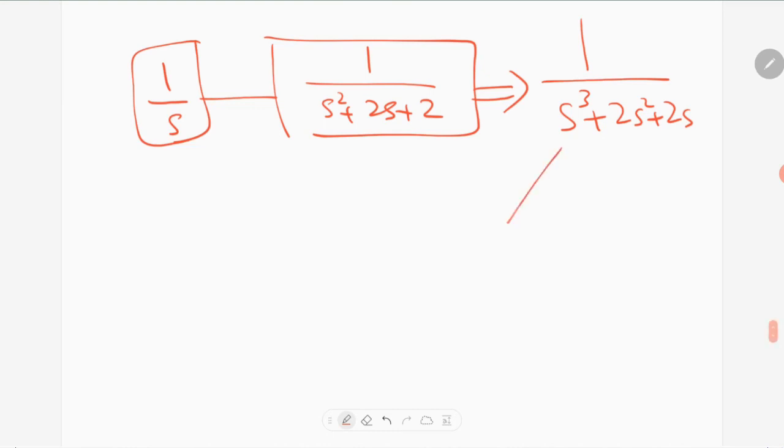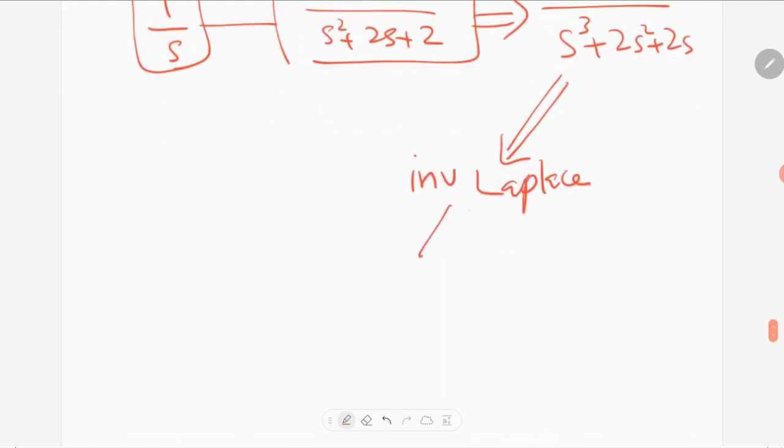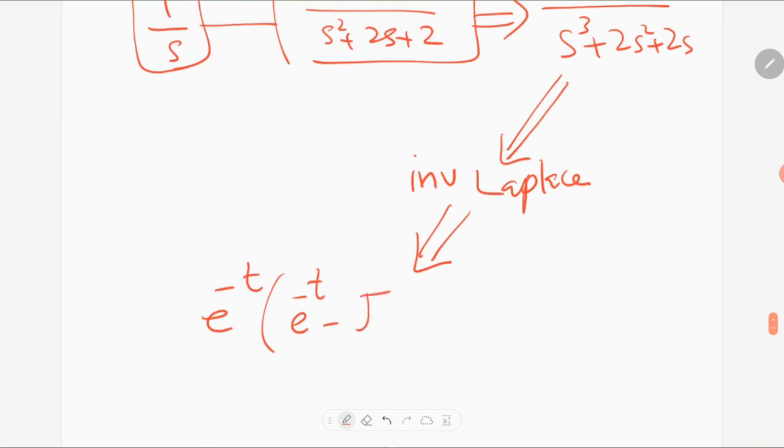So now if you take the inverse Laplace of this thing, it becomes something like this. E raised to power minus t, square root of 2, sine of t plus pi upon 4, like this.